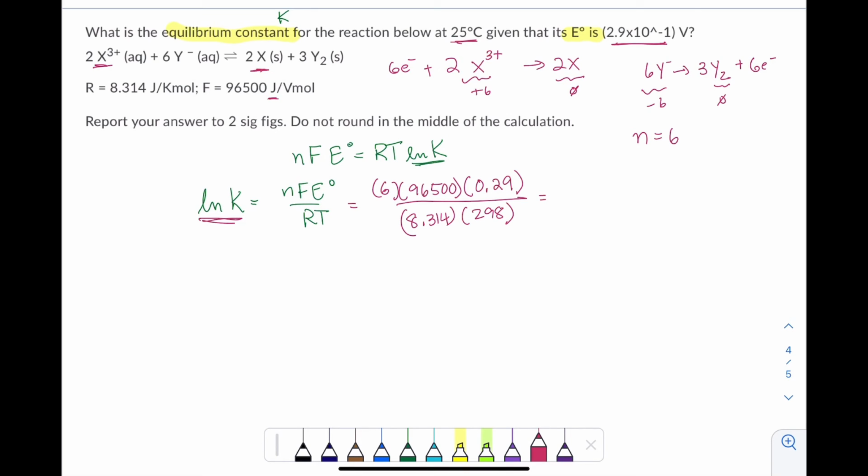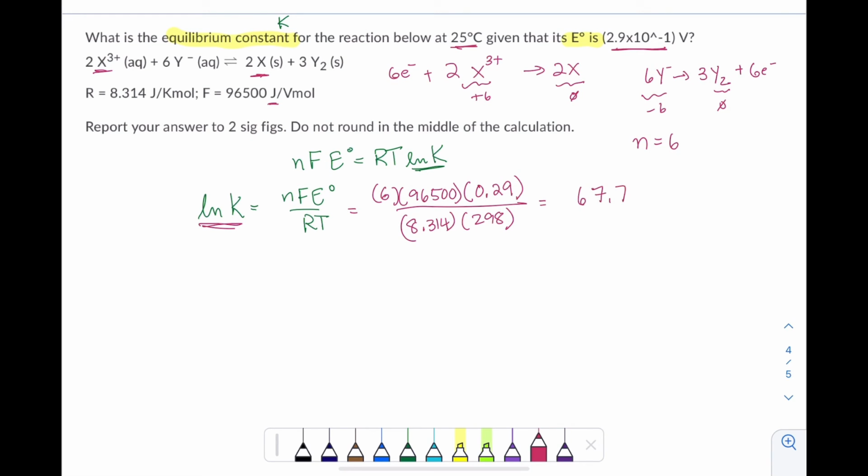And so if I plug that in my calculator, I get what log of K is. All right, you should be punching this in with me to make sure that you get the same thing. And I'm getting 67.77. Let me double check that. All right, I'm getting the same thing again. That is the log of K.